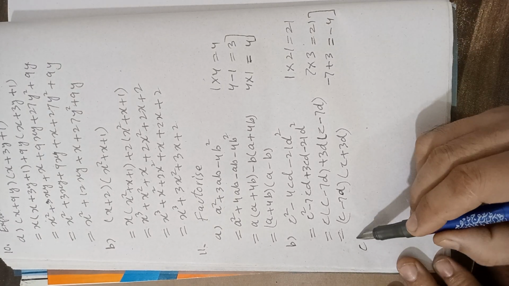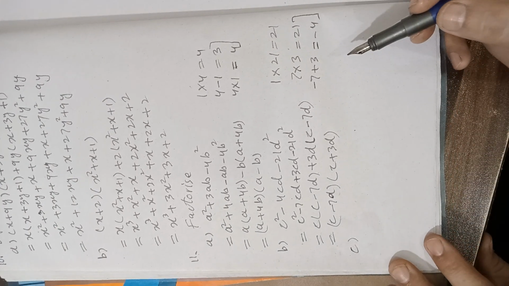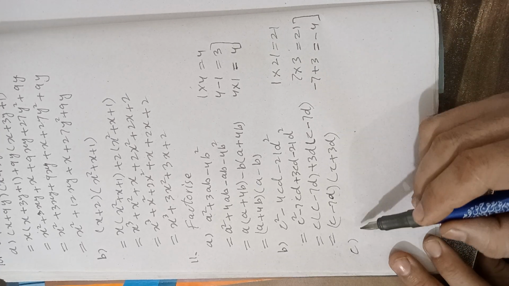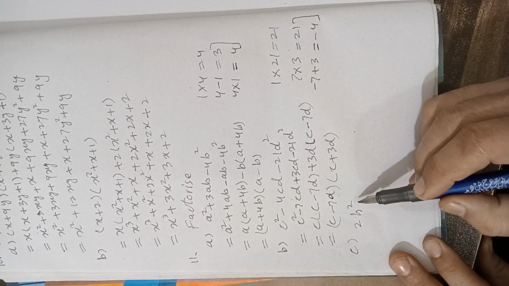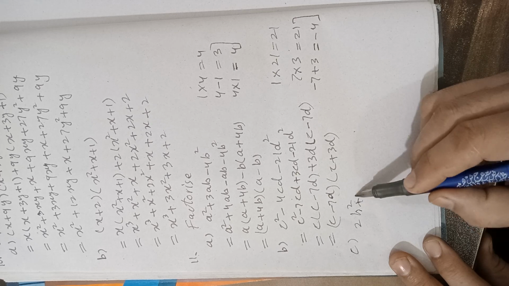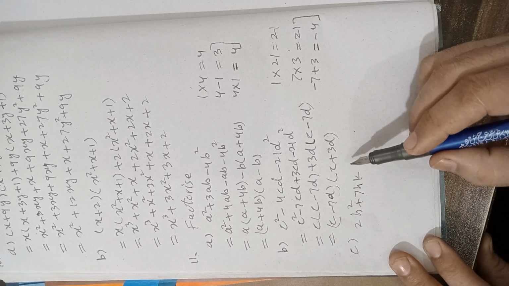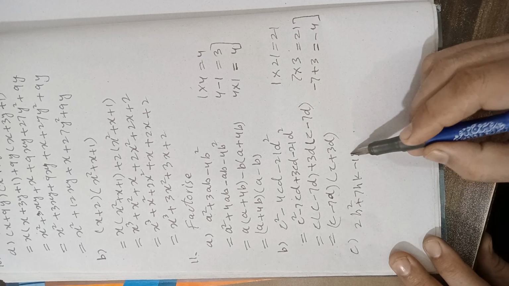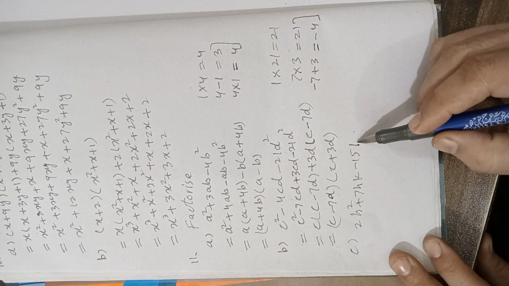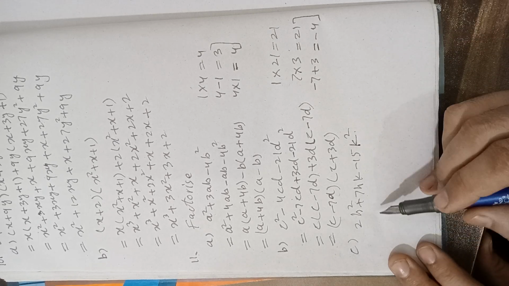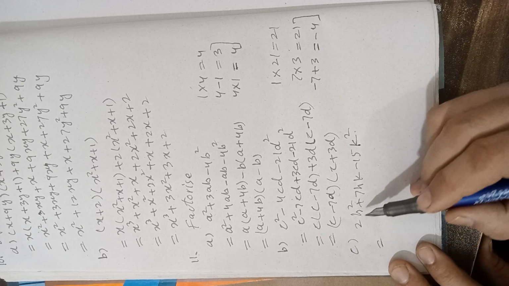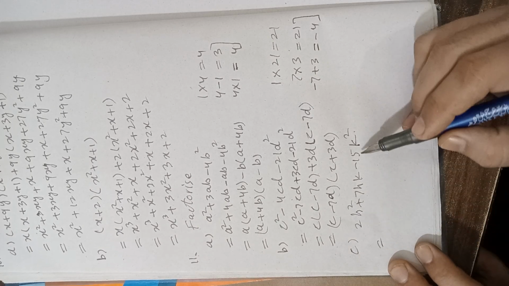Now C part is 2h square plus 7hk minus 15k square. Again you can see that here is coefficient 2 and here is 15.